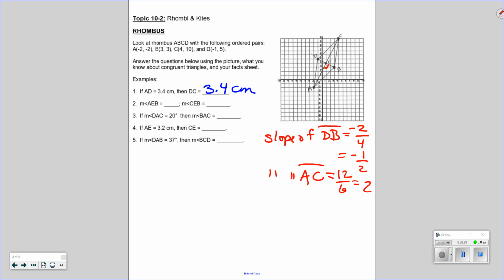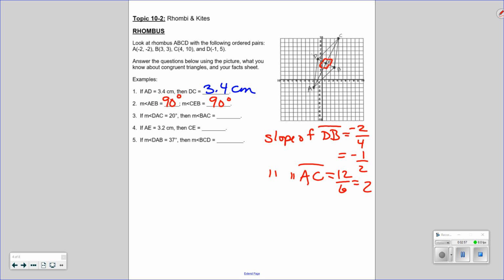So that would be a slope of 2. So negative 1/2 and 2, are those opposite reciprocals? Yes, they are. So if they're opposite reciprocals, then that means they are perpendicular. Therefore, angle AEB is 90 degrees. And then angle CEB, which is right next to it because they're a linear pair, would also be 90 degrees. So in this case, this shows me that in a rhombus, the diagonals are perpendicular. Okay?